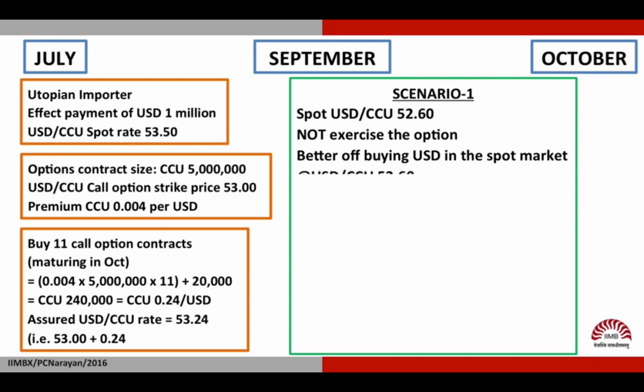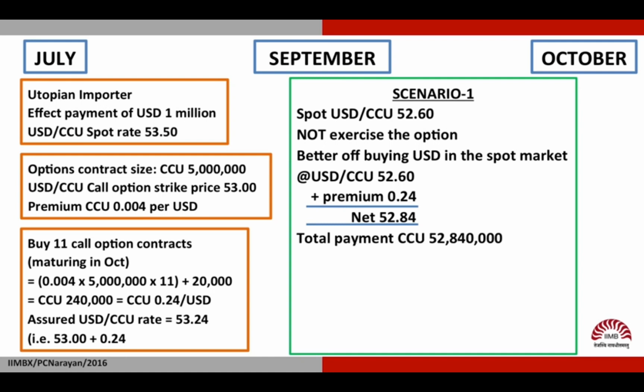So the net USD CCU exchange rate inclusive of the premium will be 52.84 and his payment in his local currency CCU will be 52,840,000.